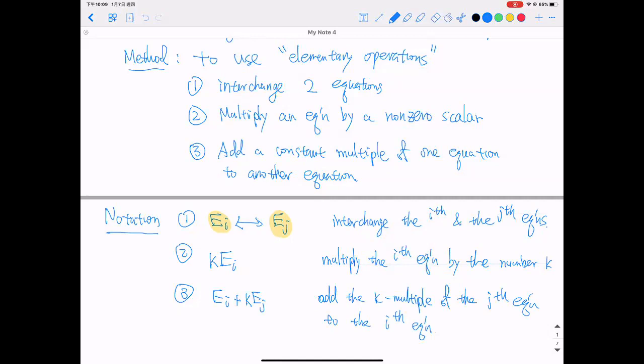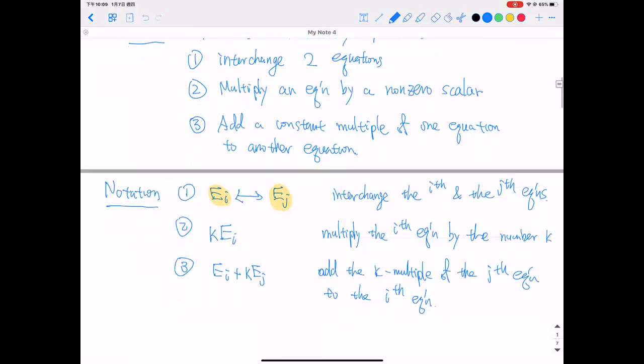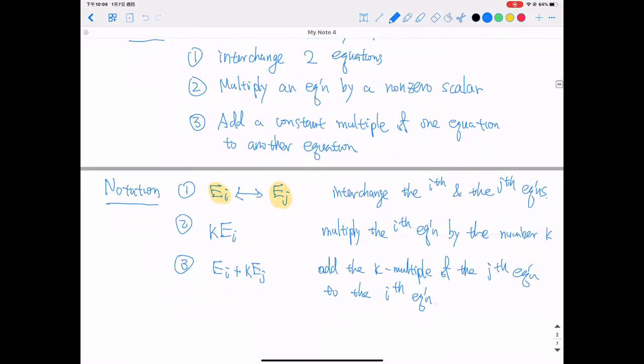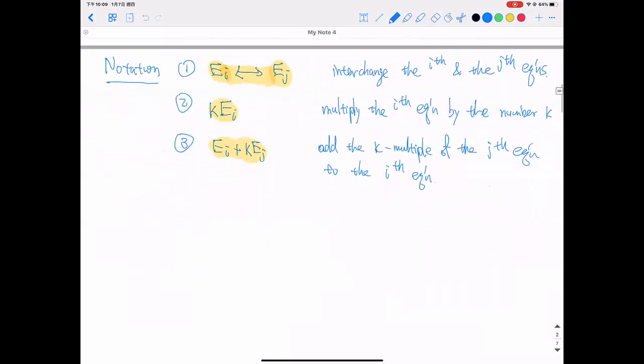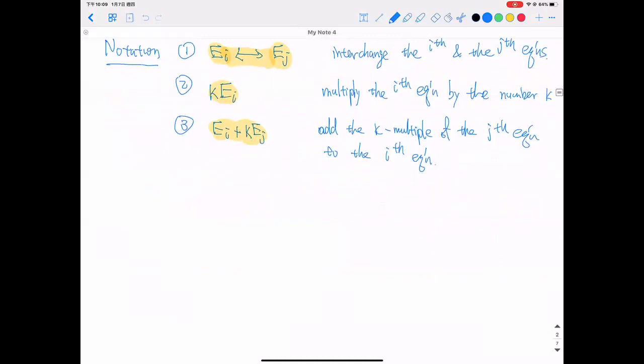All right, so these are the operations we're going to use, and these are the symbols used to describe them. Now let's look at how these operations can help us find solutions to linear systems in some examples.